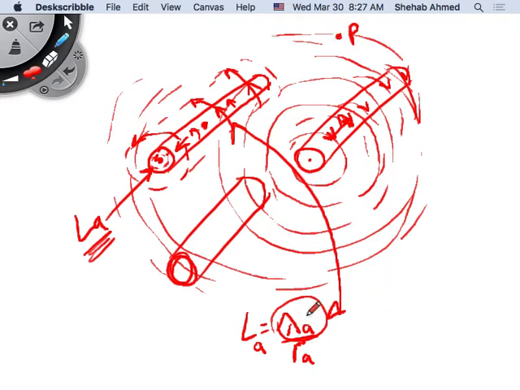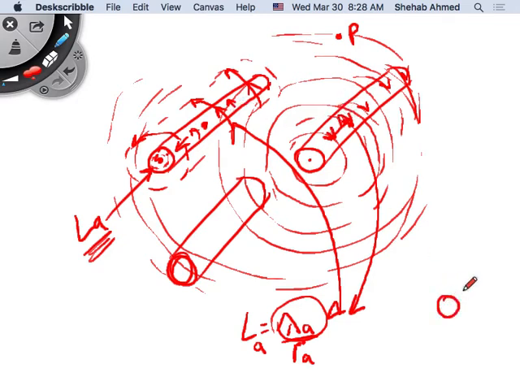This lambda A is a contribution from the flux lines due to this one. How about the flux lines due to this one? They also need to be considered. We know how to calculate the flux linkage due to this conductor. Now I would like to see the effect of this conductor and this conductor.